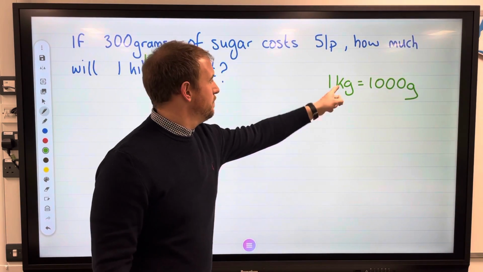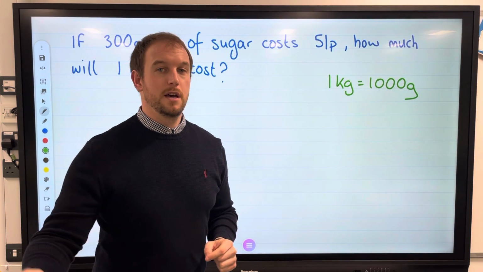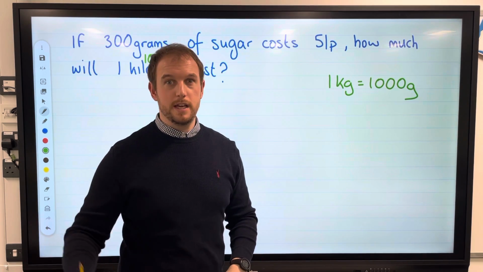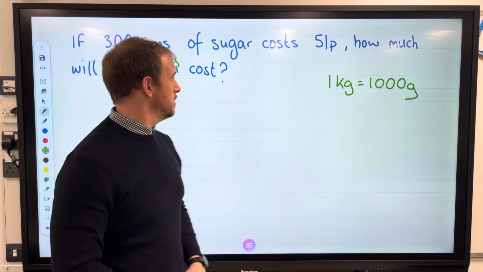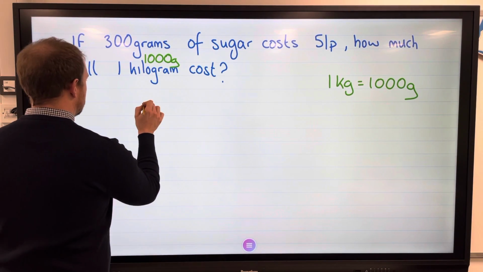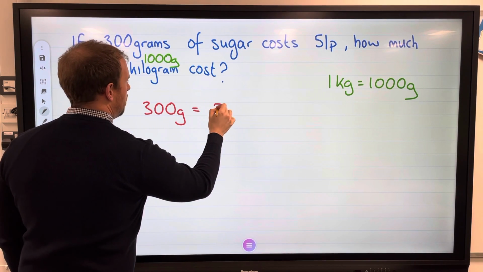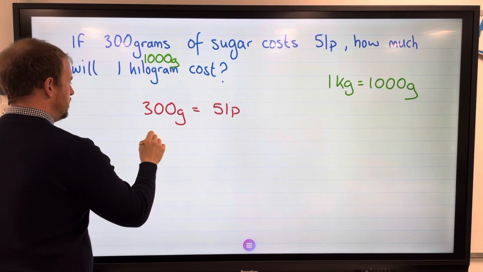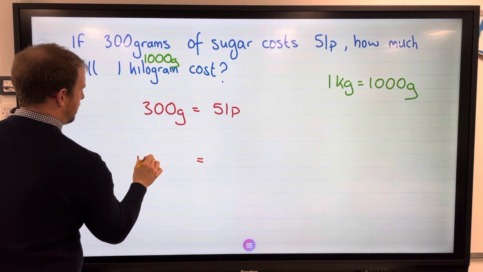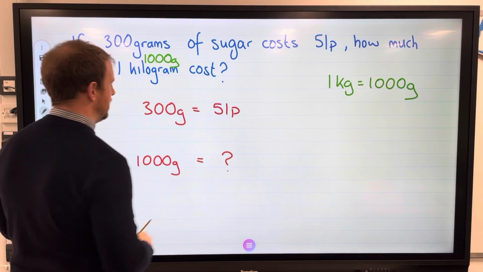The key there, or the clue, is the K. Kilometre, 1,000 meters. You've seen the films, 10k, 50k, k means 1,000. So if we've got 300 grams equals 51p, we need to do something in the middle here, and then we need to get to 1,000 grams, which is a kilogram, and then work out that price there.